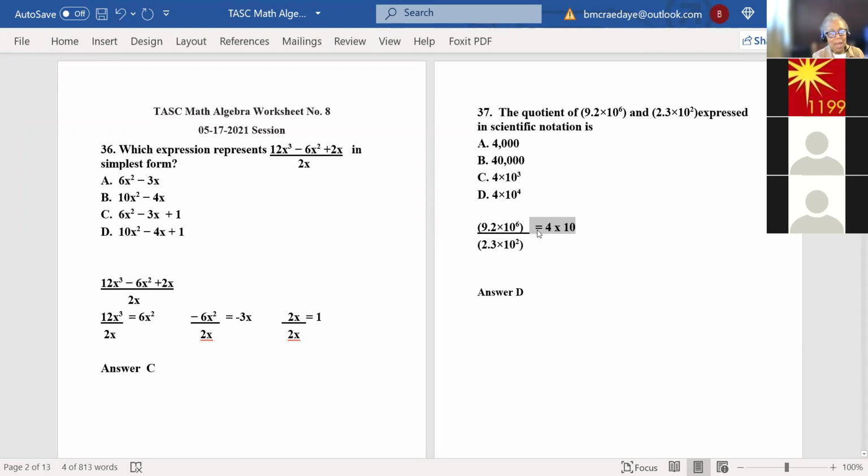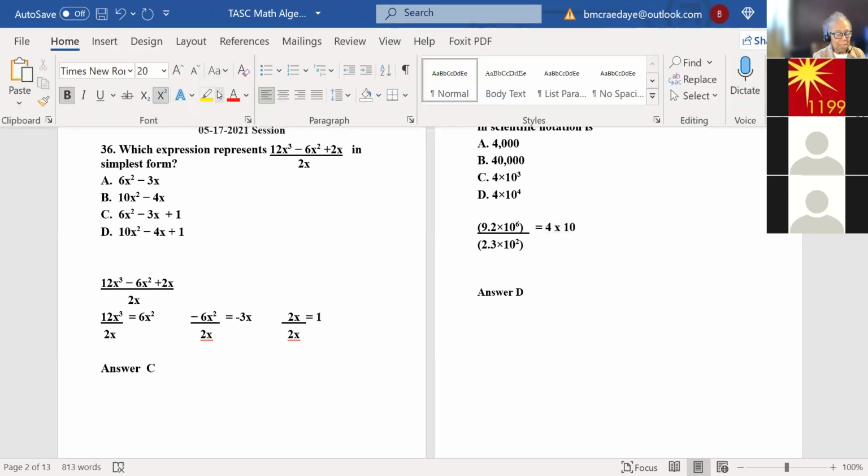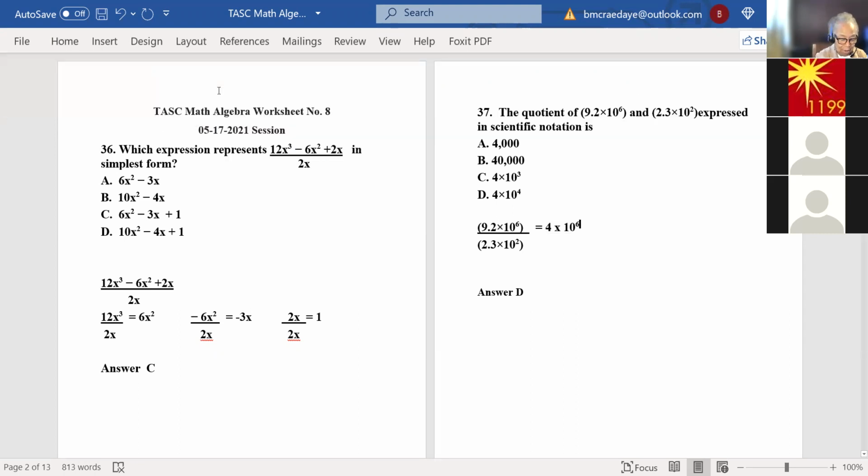No, when you divide, you subtract exponents. So this is going to be 4 times 10, and you subtract 2 from 6. So that's 6 minus 2. And what's 6 minus 2?